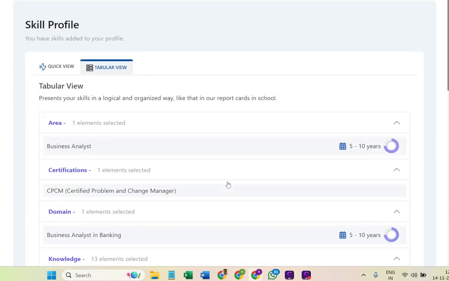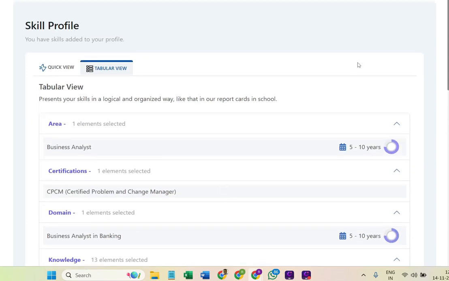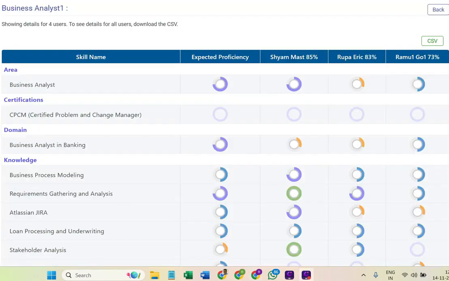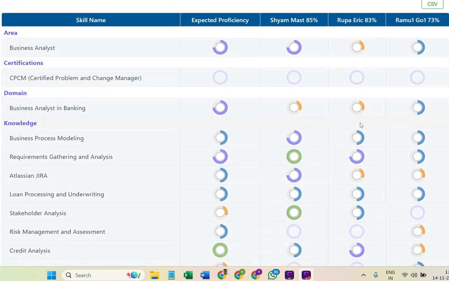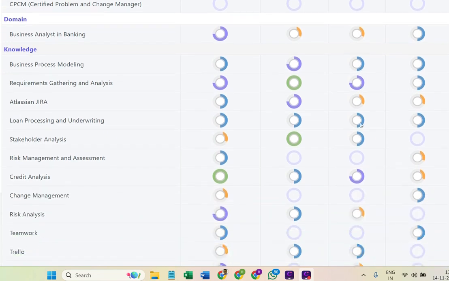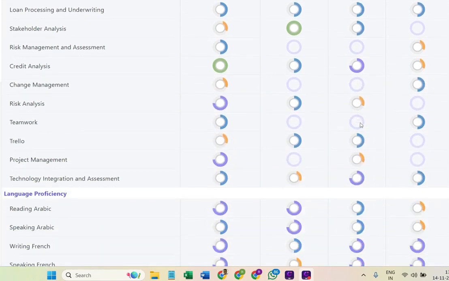This then becomes the basis for our hiring, talent management, and others. We could have different applicants applying for the same business analyst role, and here we would have them also fill in the same skills profile and give the skills they have and the ratings they have.